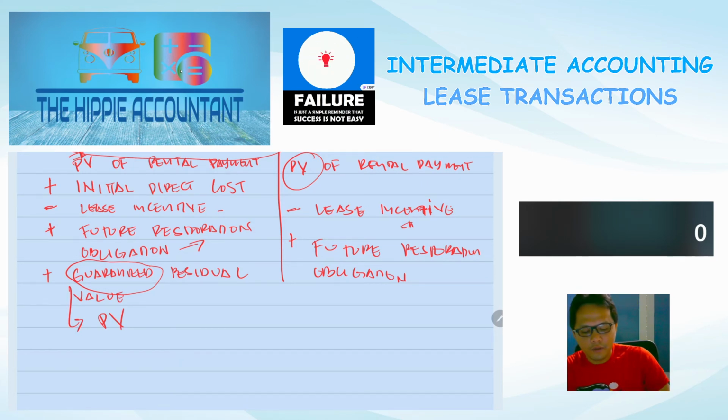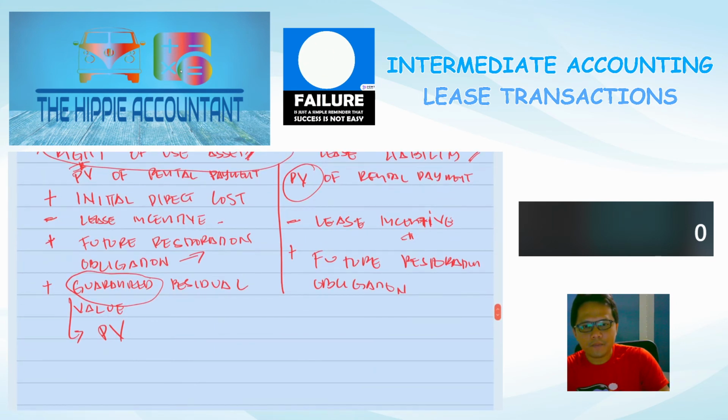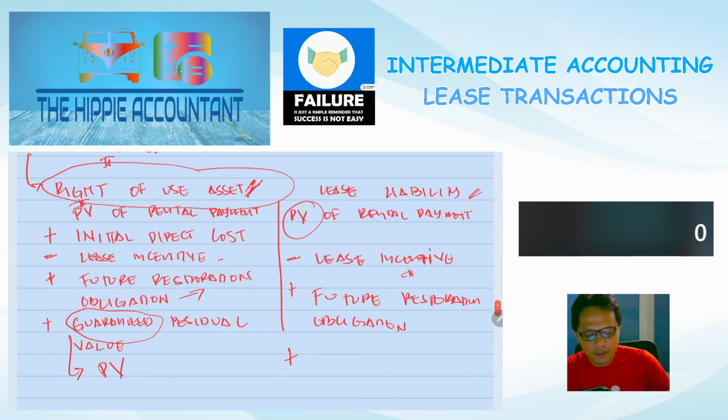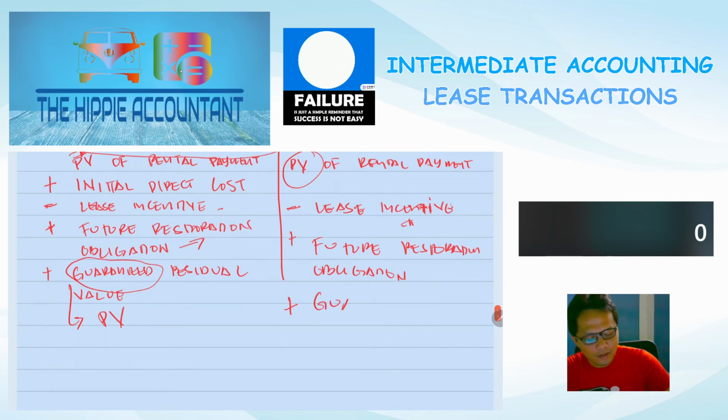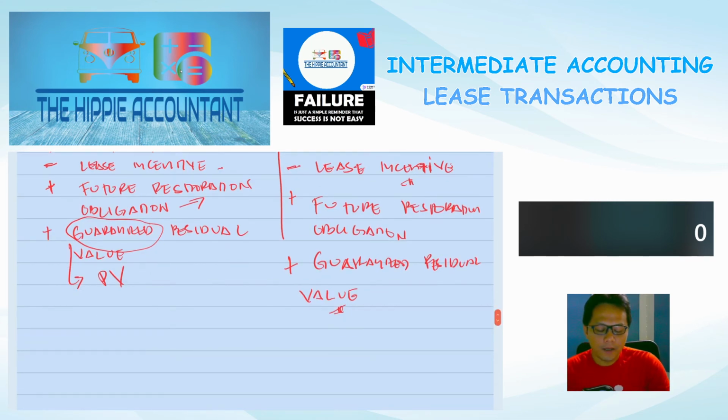Kasi nga in the future pa yan siya babayaran, that will also be added to your lease liability. Okay? Guaranteed residual value. Okay? So next, ano pa ba?